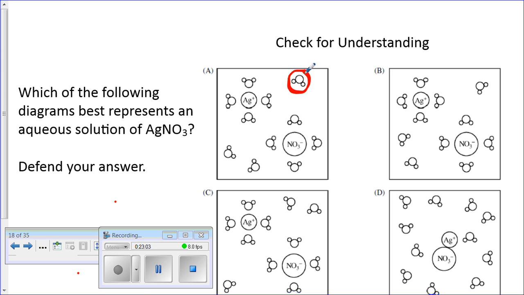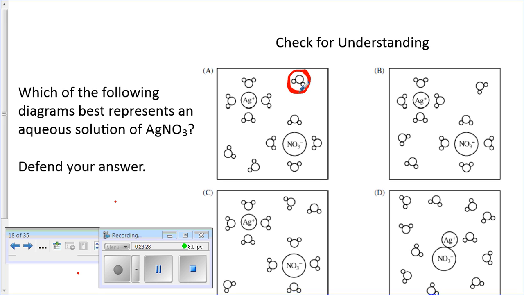So if you look at each particle diagram, you need to, if you don't know already, this is a molecule of water. And so the larger circle is your oxygen, and then the two smaller circles, those are your hydrogens. And if you'll remember, a water molecule is polar, which means it has a slightly positive end and a slightly negative end. The slightly negative end is at the oxygen, and the slightly positive ends are at the hydrogen atoms.